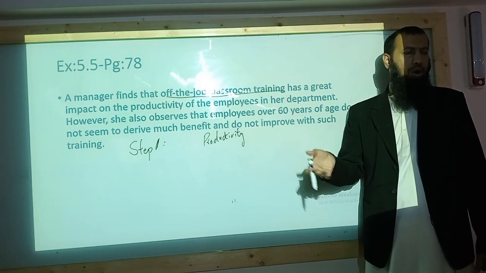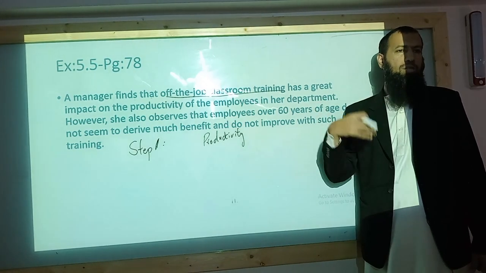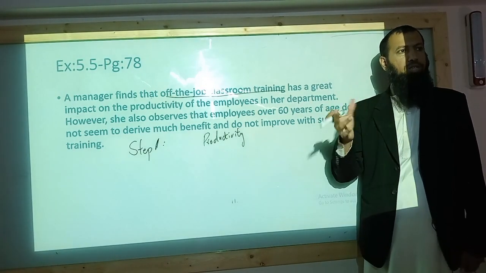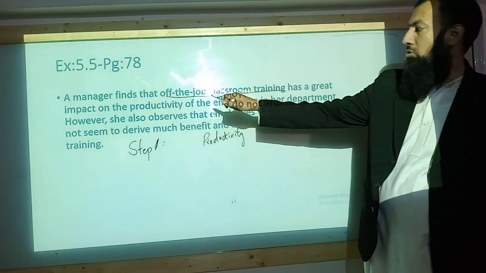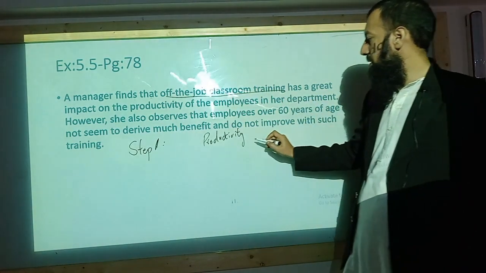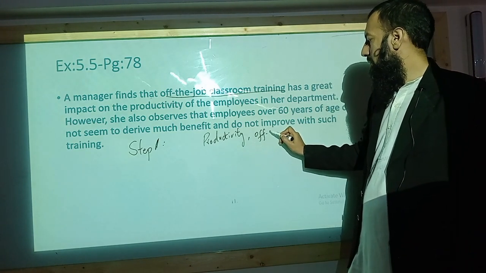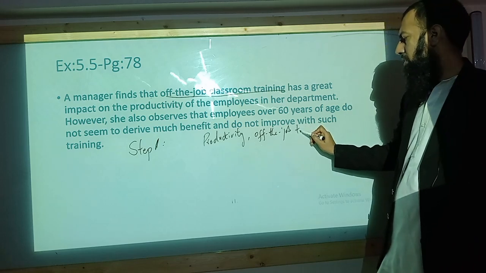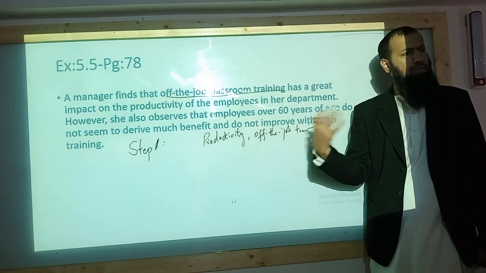And when we say off the job, it means you are at some hotel or some restaurant, and over there you are being trained for some particular skill or some competency. So you see off-the-job classroom training. So we can take off-the-job training. Training is enough, because classroom, it is usually in the classroom.